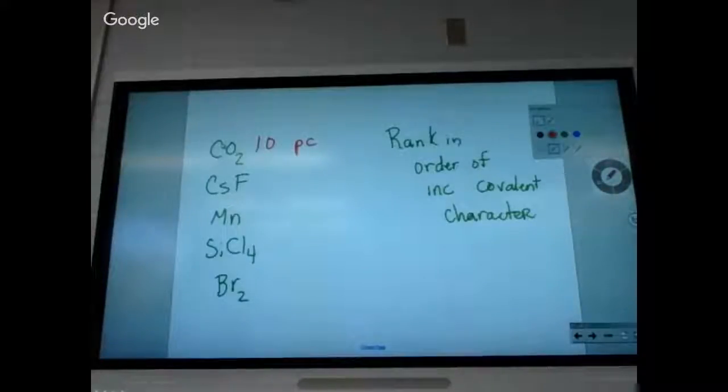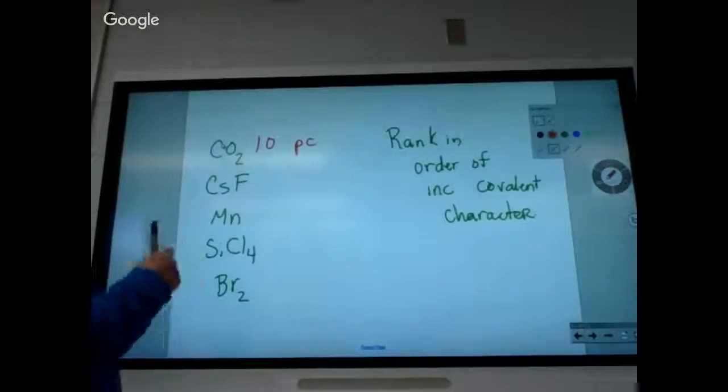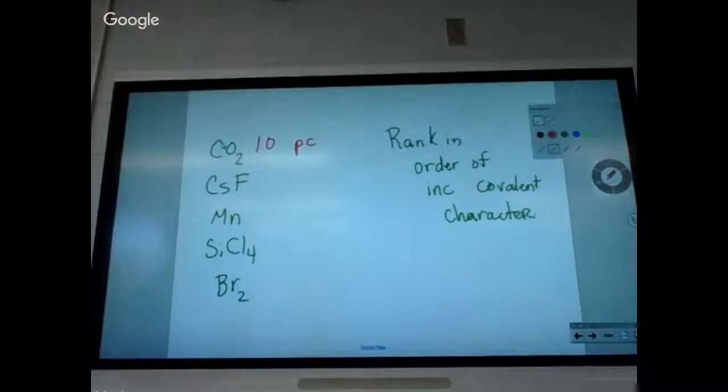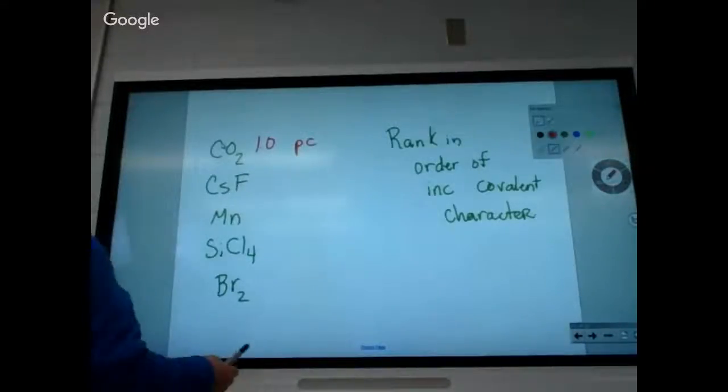Did I call one of those bond types polar? No. You have to call it polar covalent. Polar makes it shared unequally. But you have to say covalent. You can write PC, that's fine.